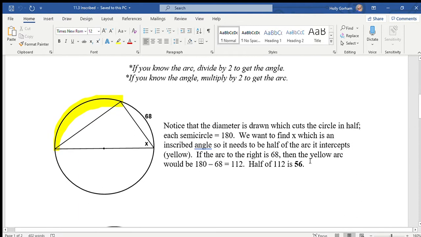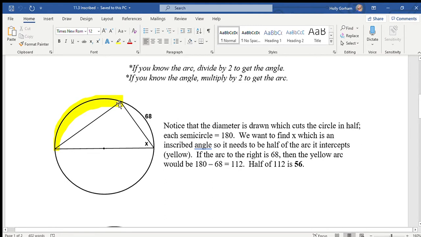As you look at this next example, it says, notice that the diameter is drawn, which cuts the circle in half. So when you've got this line going straight across, that's our diameter. When you cut the circle in half, that creates a semicircle. Semicircles are equal to 180 degrees. Now, if we want to find x, x is an inscribed angle because its vertex is right here on the circle.